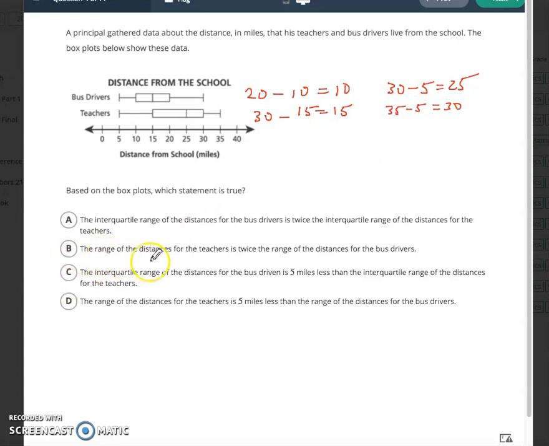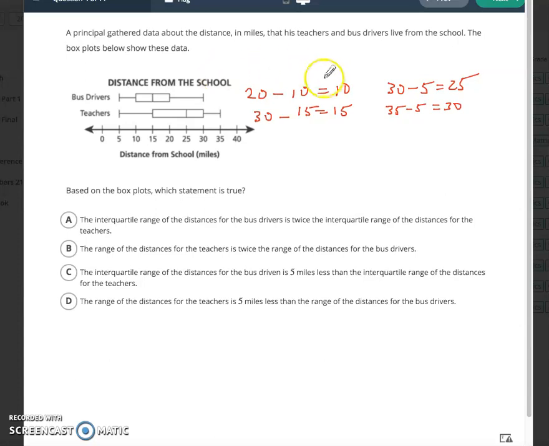So it says the range of the distances for the teachers is twice the range of the distances for the bus drivers. That's not true because the range for the teachers is 30 and the range for the bus drivers is 25. 30 is not twice 25. For C, the interquartile range of the distances for the bus drivers is 5 miles less than the interquartile range of the distances for the teachers.